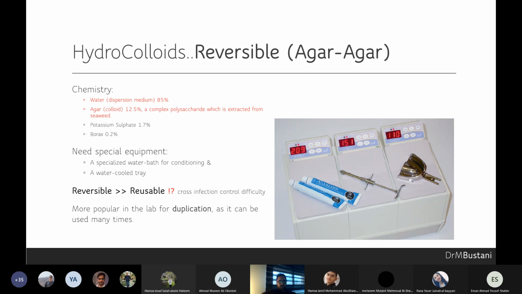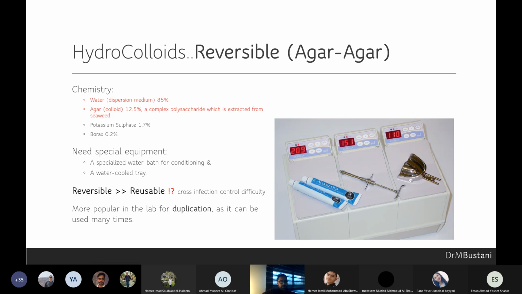Last time I think I said the first water bath, the one on the right, actually it's on the left, and the temperature is in Celsius, not Kelvin. It should be around 100 Celsius when you soften the material, then you store it at 70, and then you temper it down to 50 just before taking the impression.